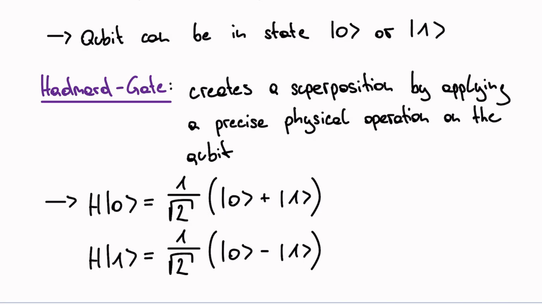At this point, it's not necessary to fully understand where this minus sign comes from. What it means is that the phase of the quantum state is flipped. This will become important later, and I'll say more about it then. For now, it's enough to understand the key idea. Whether we apply the Hadamard gate to a 0 or a 1, we end up with a superposition in which both outcomes are equally likely when measured. The only difference is that we have a minus sign in the second case.